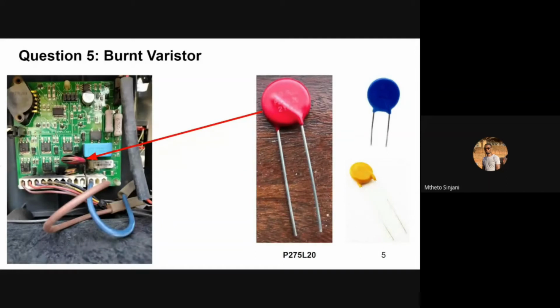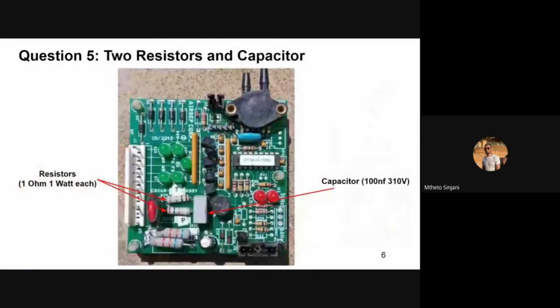So moving on to the other components that can be damaged, the two resistors. If you can move to the next slide. The two resistors also get burnt and they become dark, but sometimes they don't. In such a case, you need to desolder these resistors and test their resistance using a multimeter.